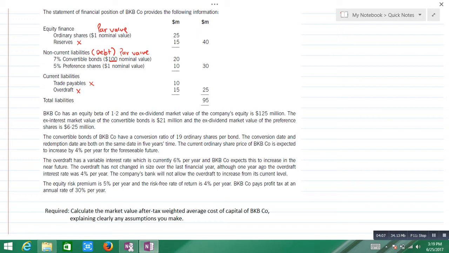Guys, you have to be very careful over here. Now, what they have given here is your market value. Be careful, look at that. Market value. It is not market price. Okay, market price is not given.